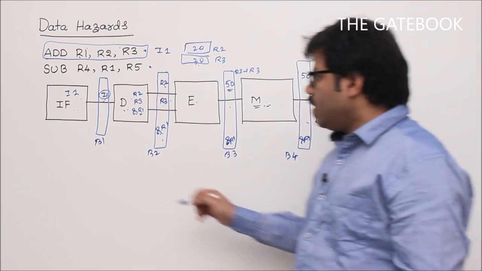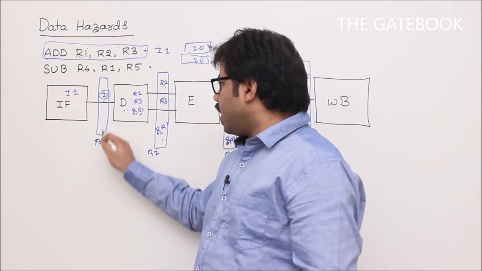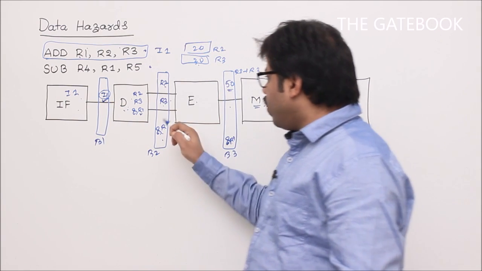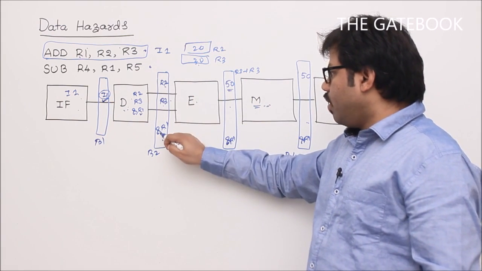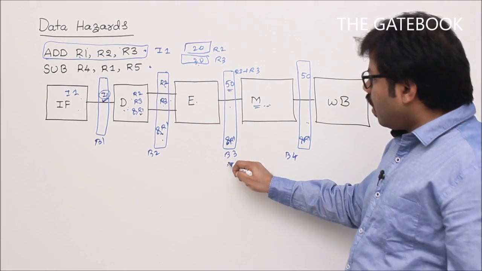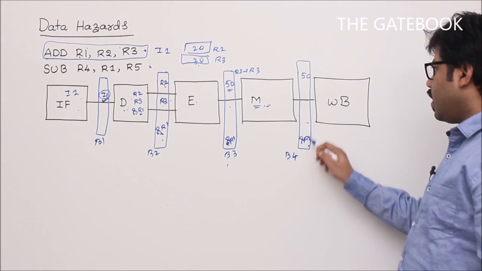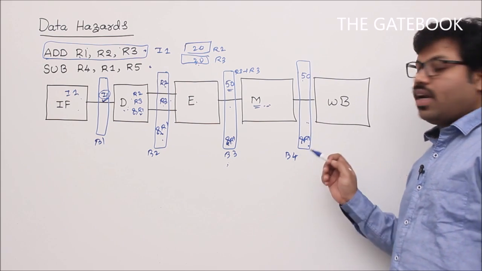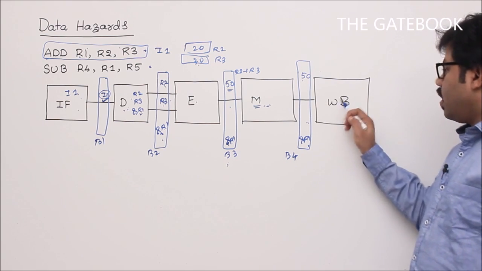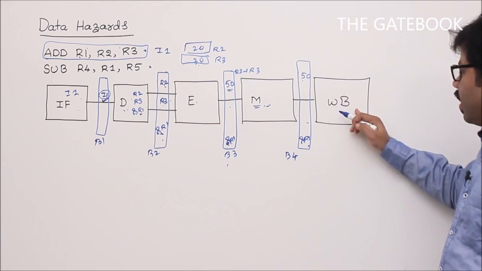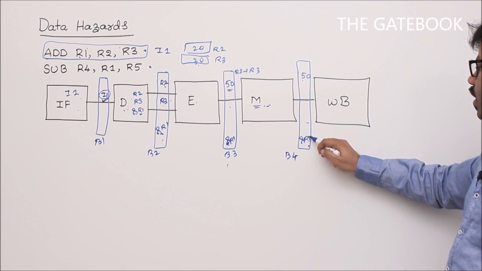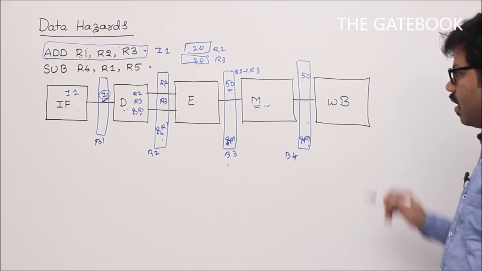If you see the timeline, after the first clock cycle this buffer gets the instruction, after the second clock cycle these buffers get values, after the third clock cycle these buffers get values, and after the fourth clock cycle this buffer gets value 50 and the address of R1. Now in the write back step, of course, this 50 will be stored in the address of R1. That will be done.